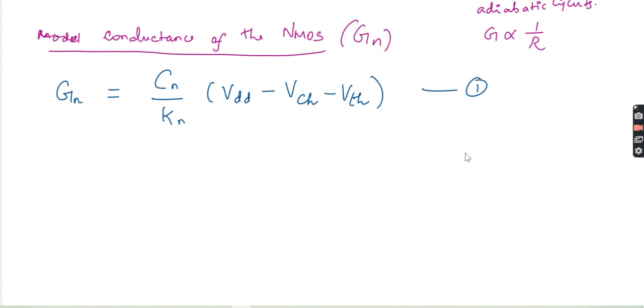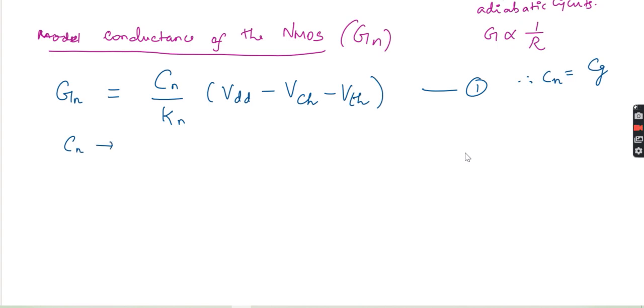Here you need to know what Cn is. Sometimes it may be written as Cg. I will say Cn is nothing but the gate capacitance.